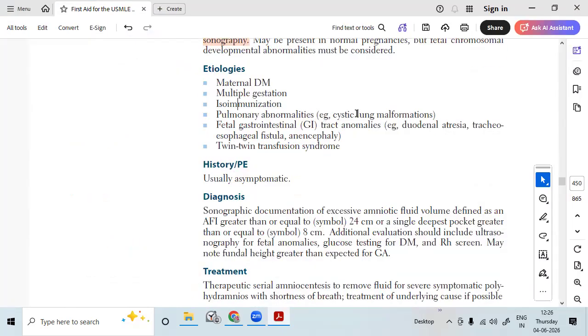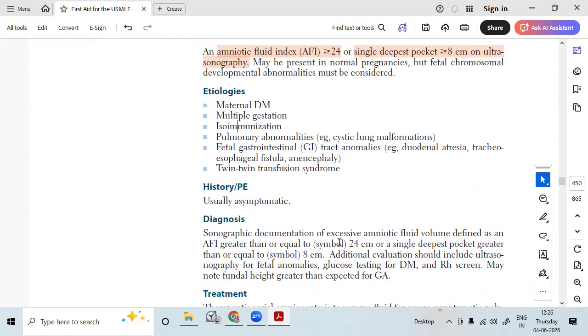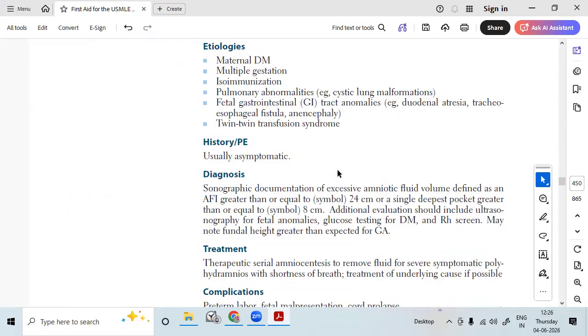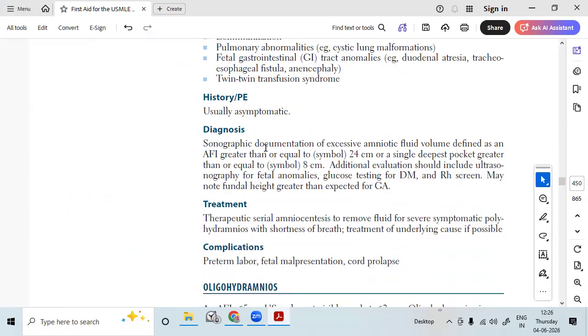Pulmonary abnormalities like cystic lung malformation, in which the baby is not able to remove or excrete the fluid. Fetal gastrointestinal tract abnormalities, twin transfusion syndrome. Usually, the mother is asymptomatic.